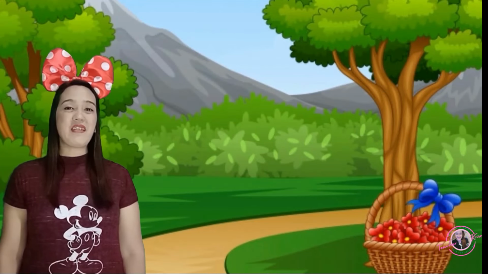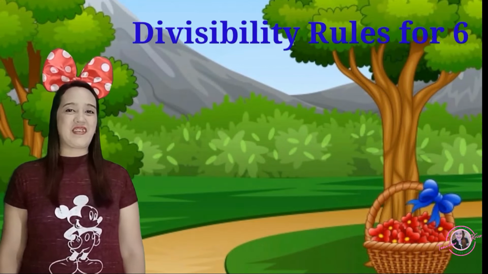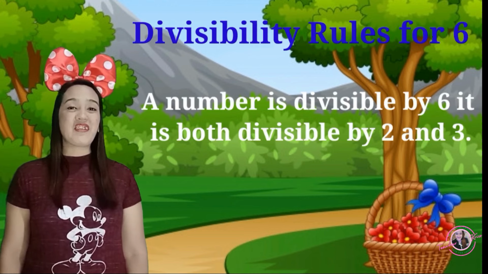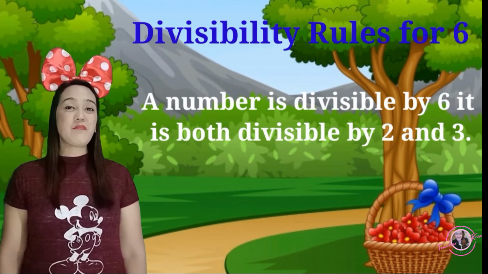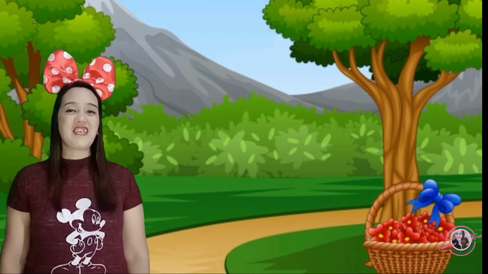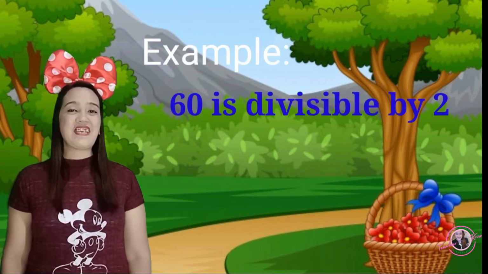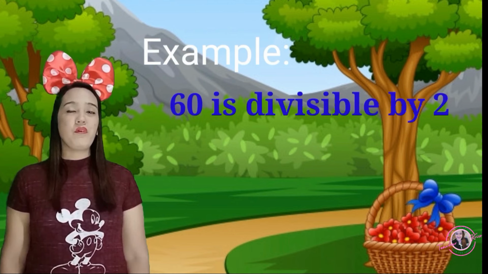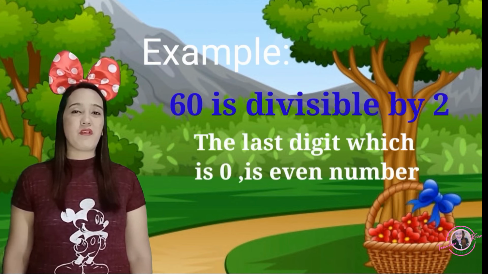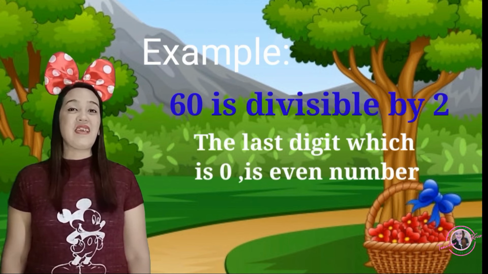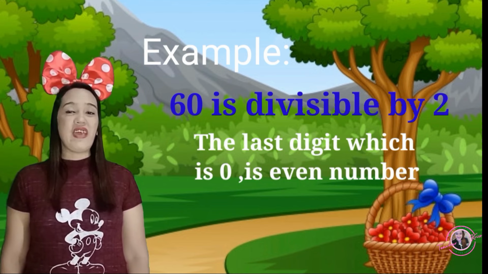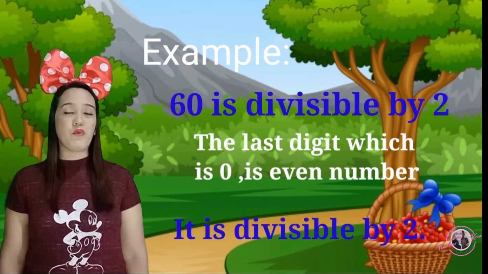What about the divisibility rules for 6? A number is divisible by 6 if it is both divisible by 2 and 3. For example, 60 is divisible by 2 because if you can still remember our previous lesson, if the last digit is 0, an even number, therefore it is divisible by 2.